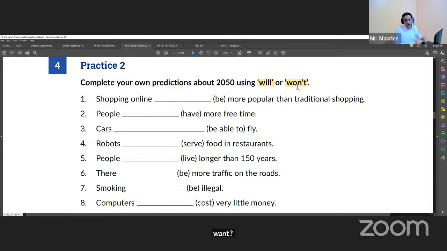It's up to you. In other words, you will see shopping online will be or shopping online won't be. So I want you to read carefully the 8 exercises and then you decide positive or negative. These are predictions about 2060. In other words, in probably 28 years' time. Okay, for this activity, dear students, you will have 4 minutes. Complete it, please. 4 minutes.